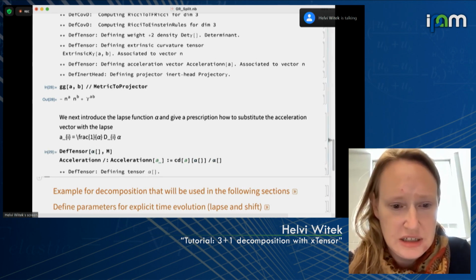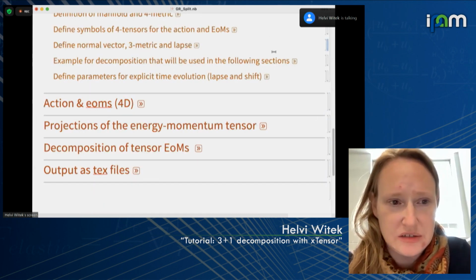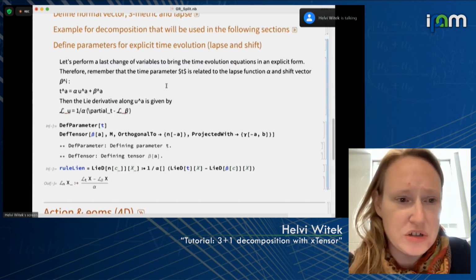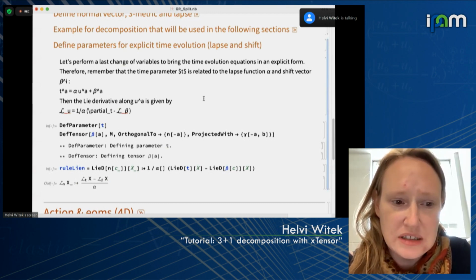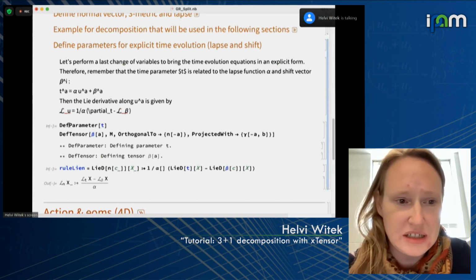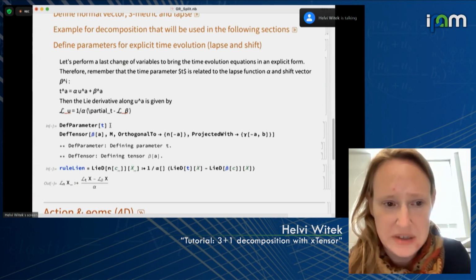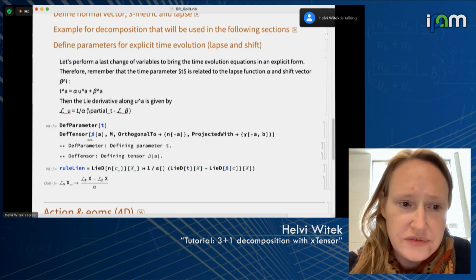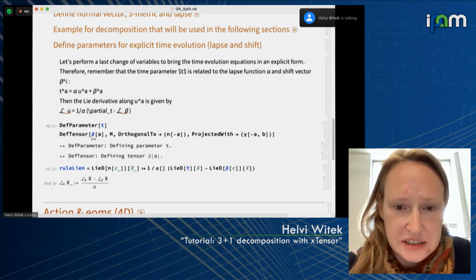Good. So these are our 3+1 quantities. Let me define one more thing that I will use later. First of all, I will introduce a time parameter, which I call t, which will become my time parameter. I'm also defining a shift vector that I call beta.